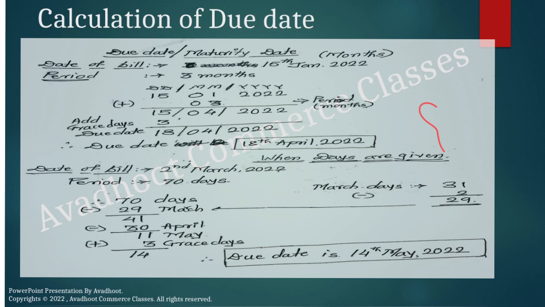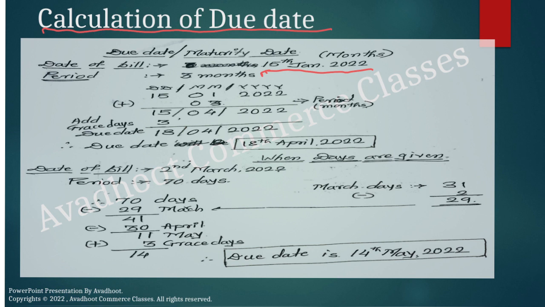In this case, we are going to consider the calculation of due date. How is the due date to be calculated? For example, here the date of the bill is given as 15th January 2022, and the period is given as 3 months. We have to calculate 3 months from 15th January, what will your date be?